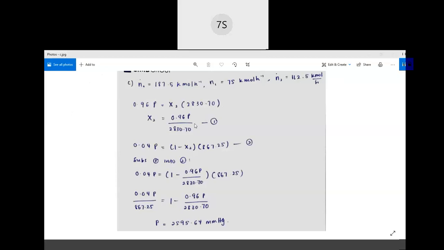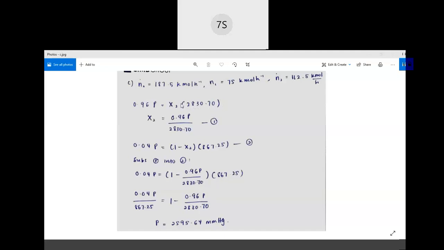Okay. To find the composition of X2, we need to carry out simultaneous equations. So 0.96P equals X2, the molar composition of X2, multiplied by 2830.70.